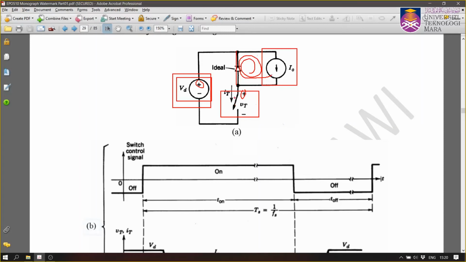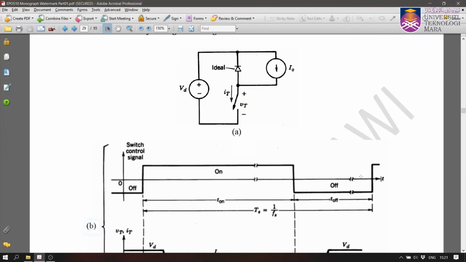But during the on state, the switch becomes a short circuit, so the current will flow through here and the diode will be turned off. Therefore the voltage across VT will be 0 and the current IT will equal I naught. So that explains the circuit operation.